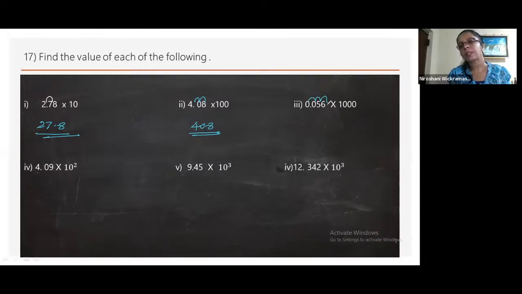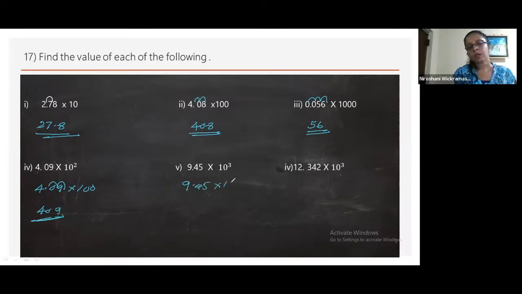Here then, 3 places forward. Then where is the decimal place here? No need to include these front zeros. Answer is 56. Right? Even mentally, you can get the answer. 4.09 into 100. 10 to the power 2 means 100. Right? 2 places forward, 409. 9.45 into 1000.